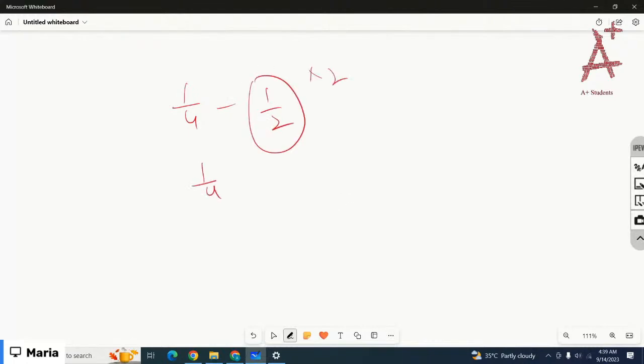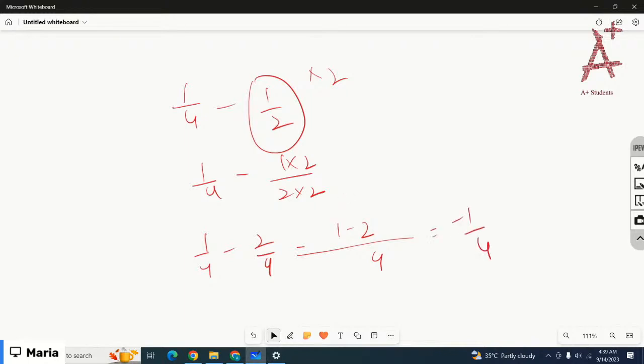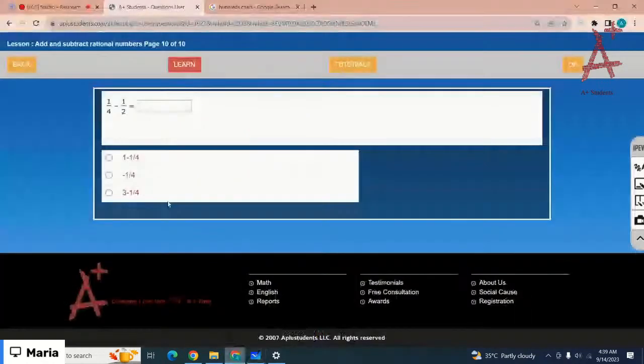You have to multiply this fraction by 2, right? 1 by 2 times 2 by 2. That would be 1 over 4 minus 2 over 4. They have now like denominators. You can simply subtract their numerators, right? So 1 minus 2 is negative 1 over 4, right? The correct option is negative 1 over 4. Here it is.